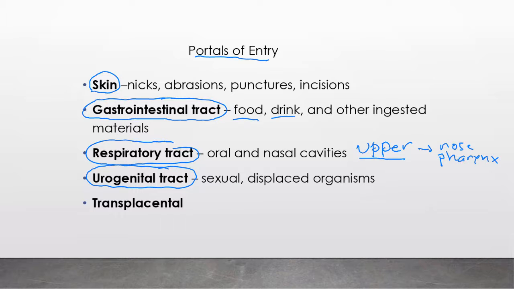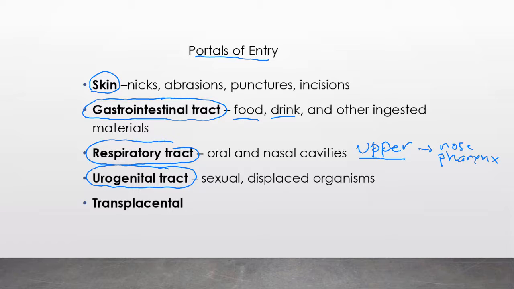The upper urogenital tract, which is inside our body, like the uterus, cervix, ovary, testicles, bladder, and kidney, is all sterile tissue. There should be no microorganisms in this sterile tissue. So only the lower urogenital tract, like the urethra and the vagina, is the portal of entry for microorganisms.